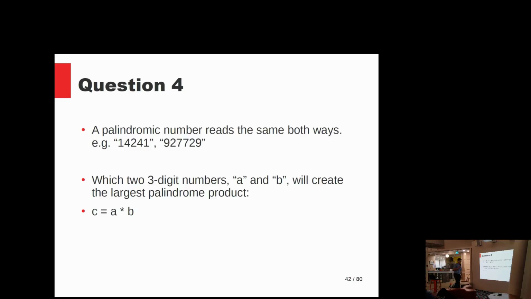The original question asks, which 3-digit numbers A and B will give you the largest product C, where C is a palindrome itself. A and B do not need to be palindromes, but C needs to be a palindrome. So again, the question asks, what are the 2 numbers A and B that produce the largest C such that C itself is a palindrome?